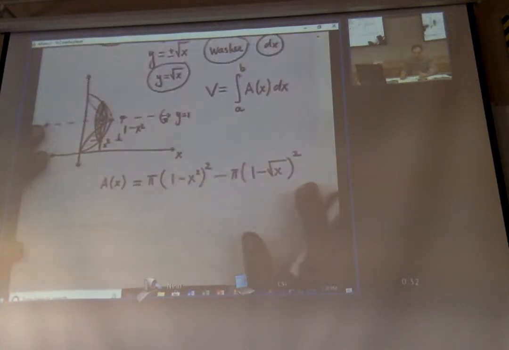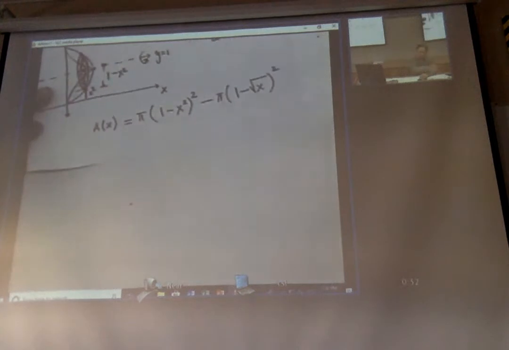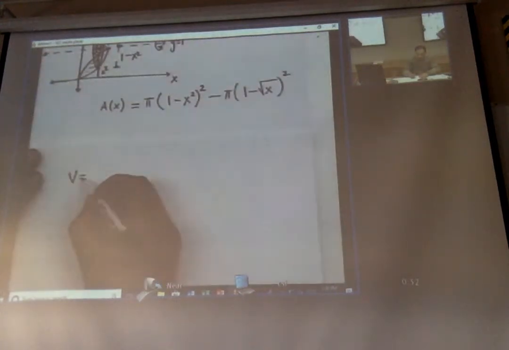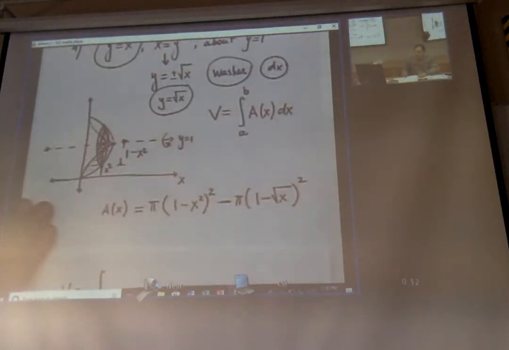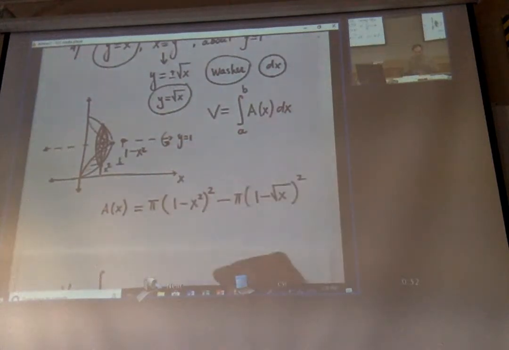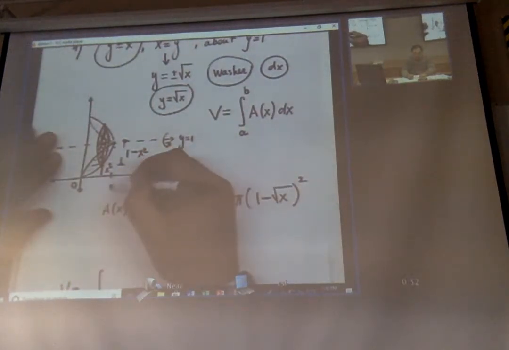So now what I do, I'll put this into an integral. So with the integral, I have the volume integral, and the next question is from what to what? Remember, this is dx, right? So you're looking at the x-axis and seeing where you have to go. So you're right, it's from 0 to 1. Here's your 1.